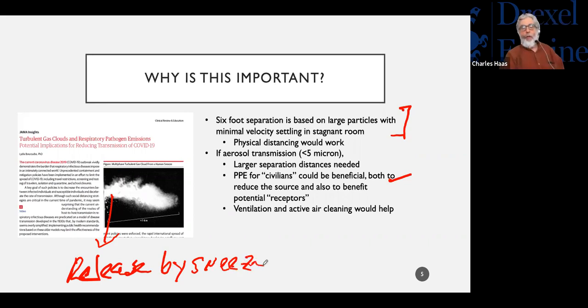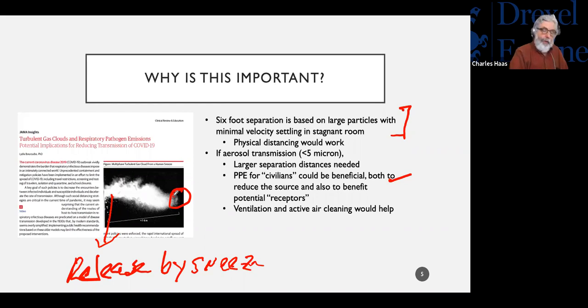Not an individual with SARS-CoV-2, but presumably a healthy individual, provoked a sneeze, and particles in stagnant air could be seen well beyond 5 meters, 15 or 18 feet from the source.